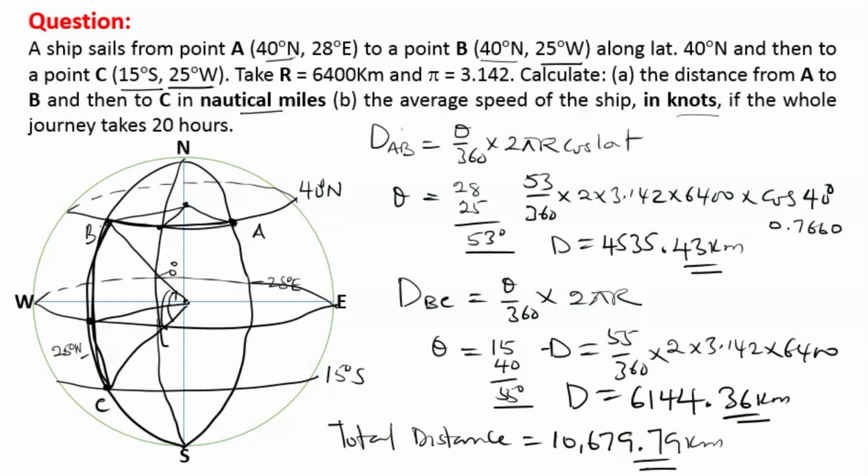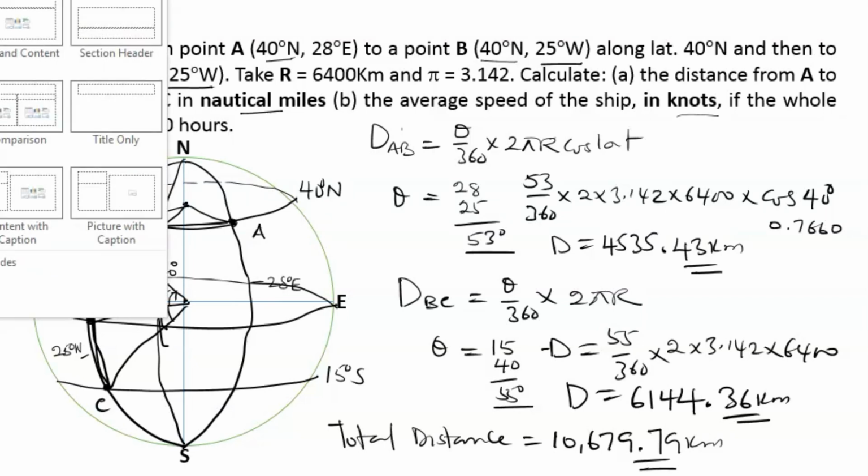All right, so what do we do next? We quickly just convert this distance to what we call the nautical mile. So what we need to do simply is to bring the total distance that we have, which is 10,679.79 kilometers.